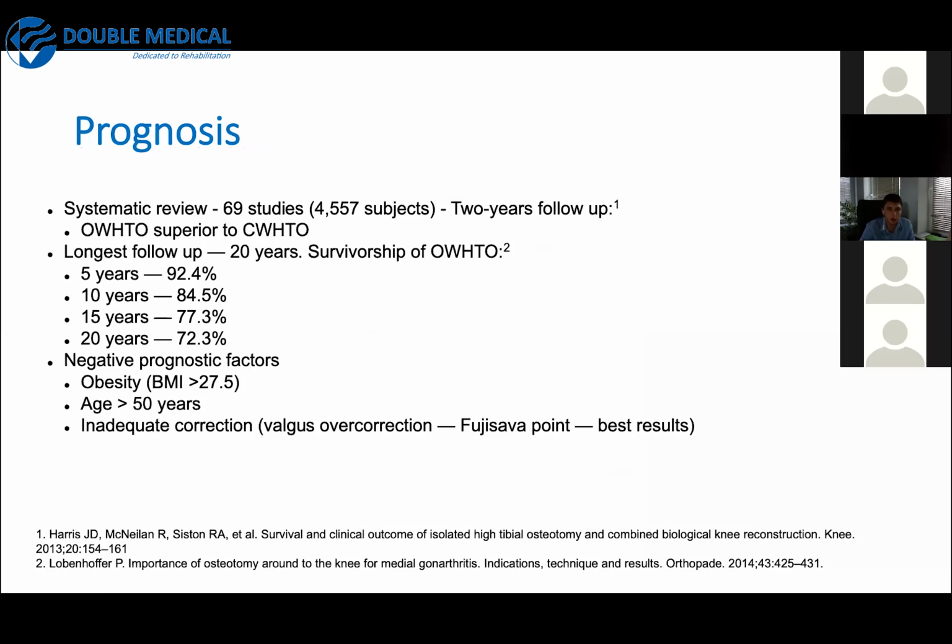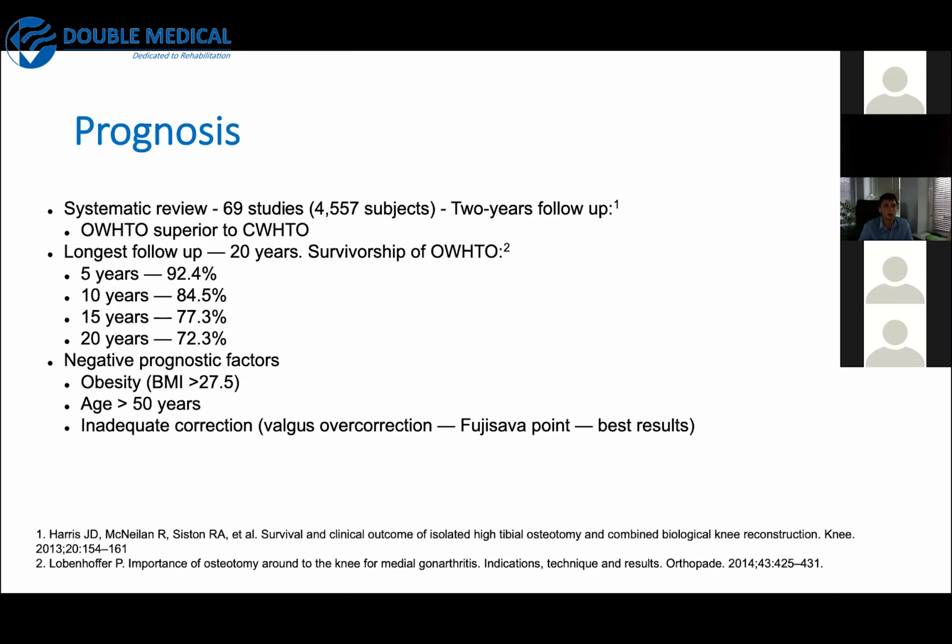The systematic review published by Harris in 2013 showed that at 2-year follow-up, open wedge osteotomy in general has superior results to closed wedge osteotomy. However, in longer follow-ups, there is no significant difference.